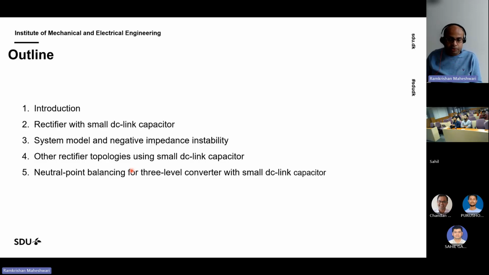How can we improve the performance by adding extra circuitry? And then we will talk about a typical issue in the 3-level converter with a small DC-Link capacitor.